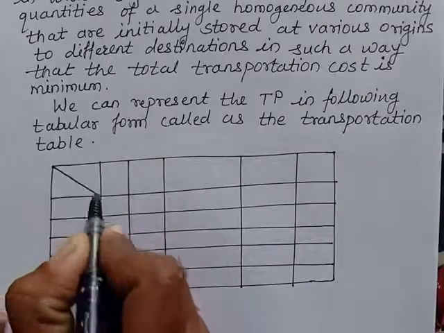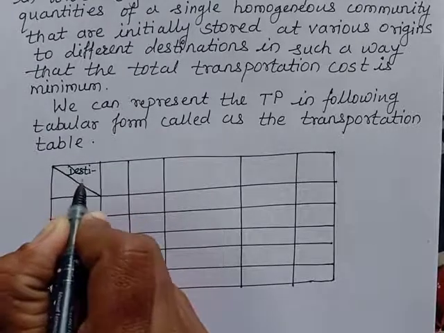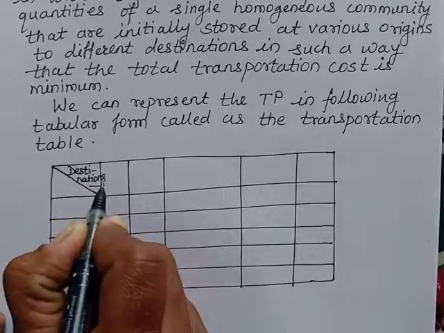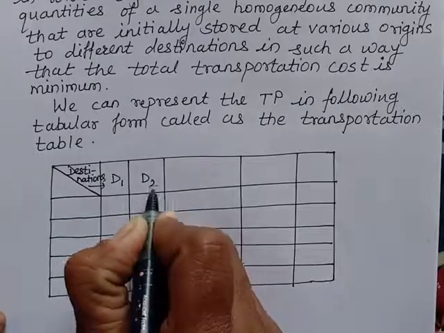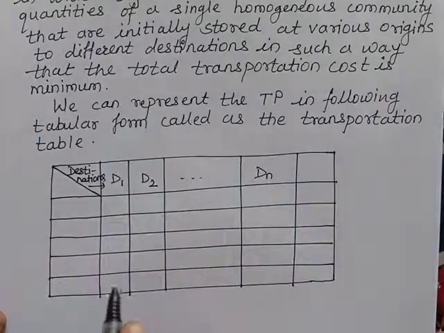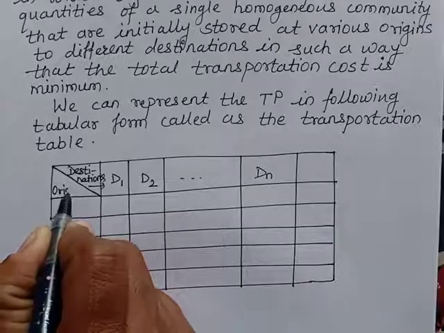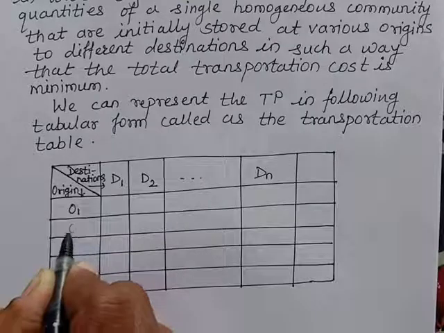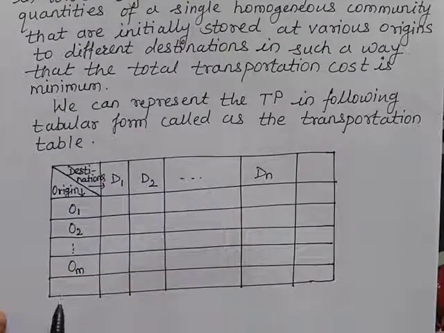Here on this side the destinations, towards this side. Suppose first destination D1, second one D2, and so on up to Dn. Suppose we have n destinations, and here origins on this side. Suppose first origin, second origin, and so on up to mth origin.